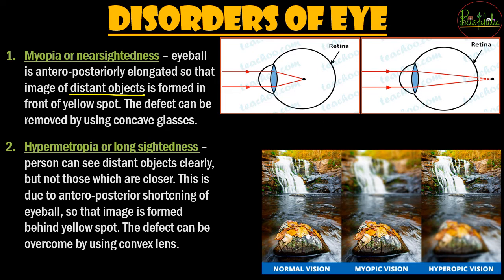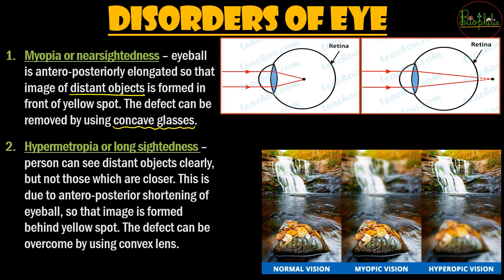As you are going to be future doctors studying all these things, the problem needs to be solved. So जब दूर की चीजें नहीं दिखती हैं, that means there is a condition of myopia or nearsightedness. That means you are going to correct it with concave glasses.